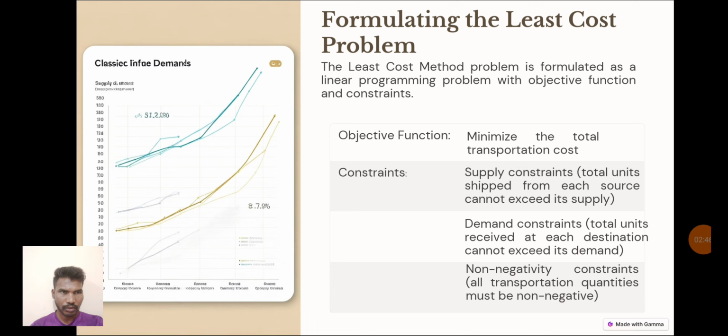Supply constraint: total units shipped from each source cannot exceed its supply. Demand constraint: total units received at each destination cannot exceed its demand. Non-negativity constraint: all transportation quantities must be non-negative.